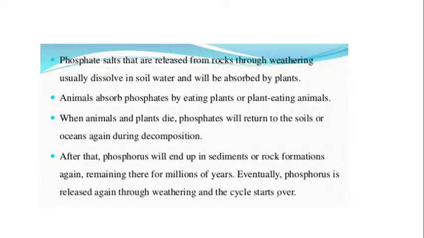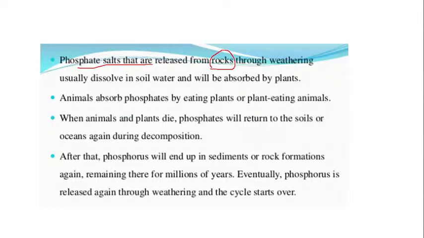Now let's see how it reaches the plants. I said about sulfur also. Phosphate salts are released from rocks. These are sedimentary, so they are released from rocks, or they are present in oceans or water bodies.